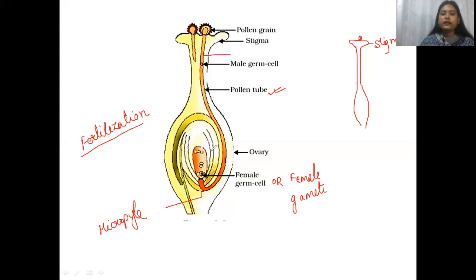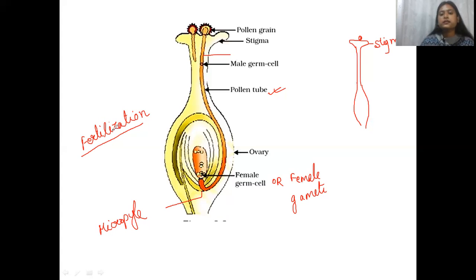The male gamete will enter through the pollen tube and through the micropyle of the ovule, and inside the ovule there is one embryo sac where the female gamete is present. The male gamete fuses with the female egg, and fertilization occurs when both the gametes fuse.